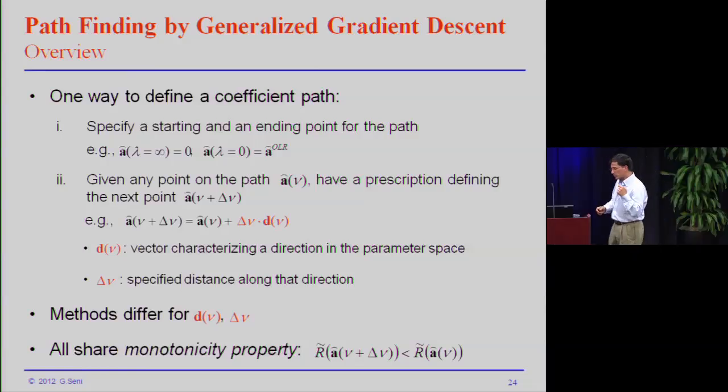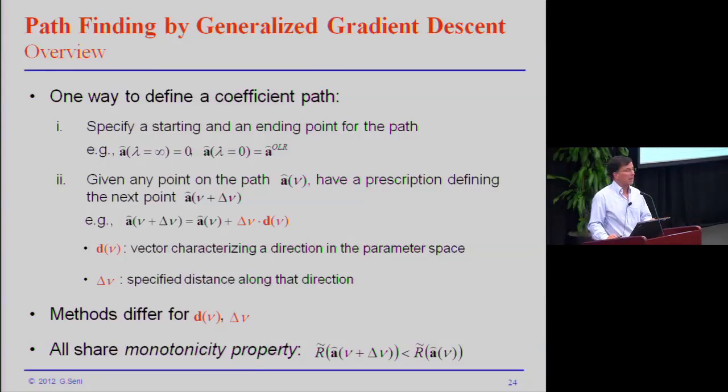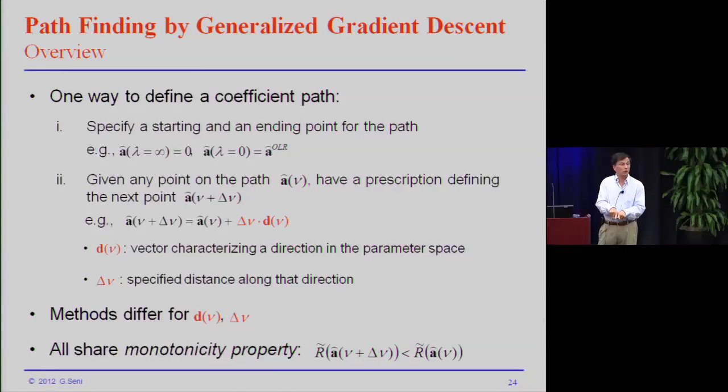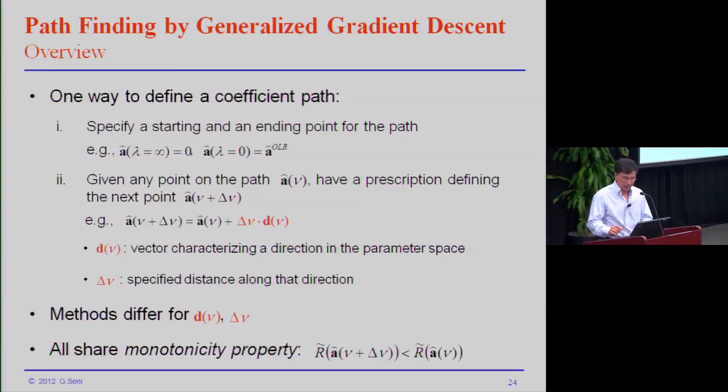Namely, every subsequent point in the path has a lower empirical risk on the training data. And so you can think of D as a descent direction, where D projects positively on the negative gradient.